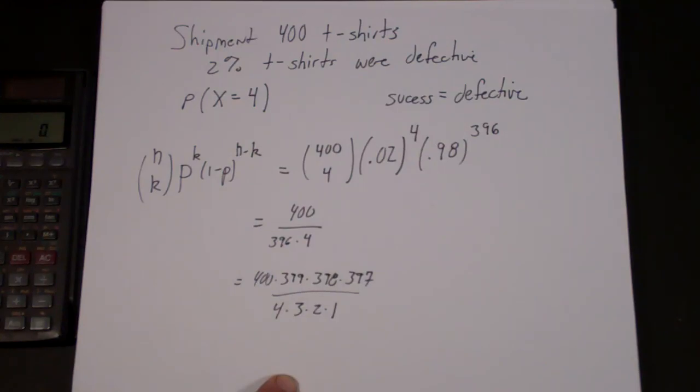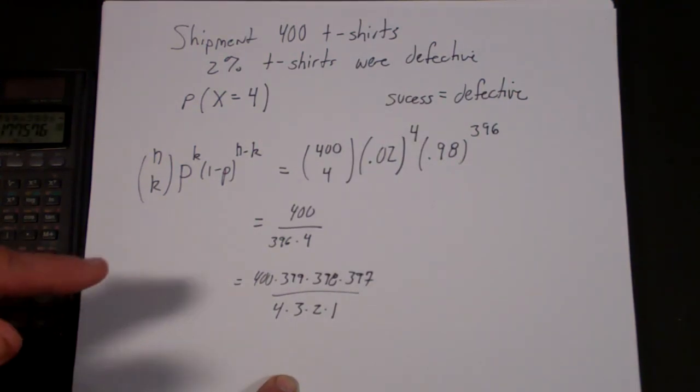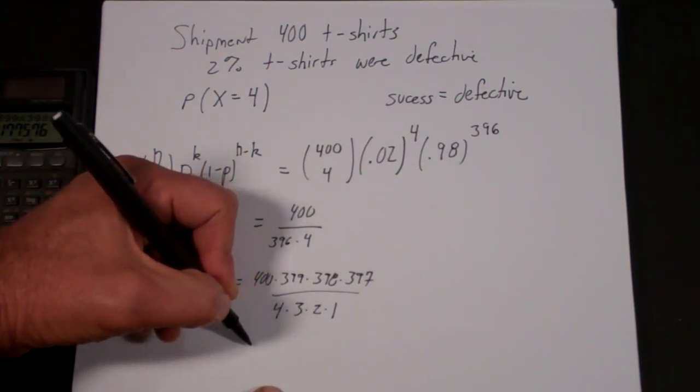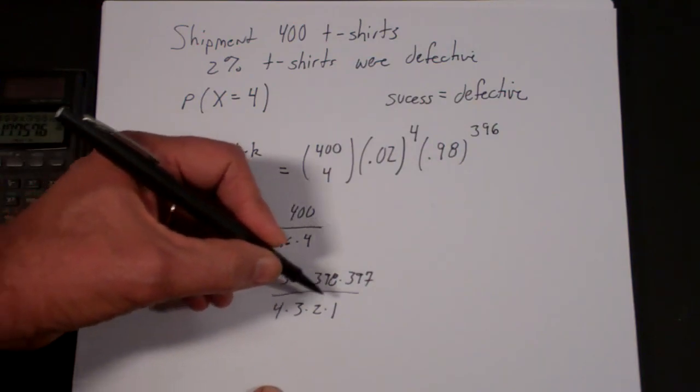Let me go ahead and do that. 400 times 399 times 398 times 397. I should get a huge number. An enormous number, in fact.